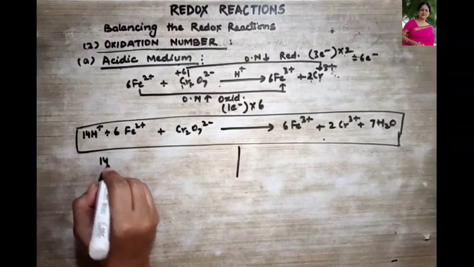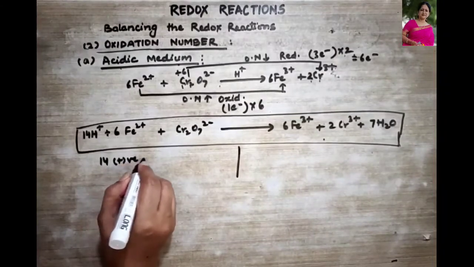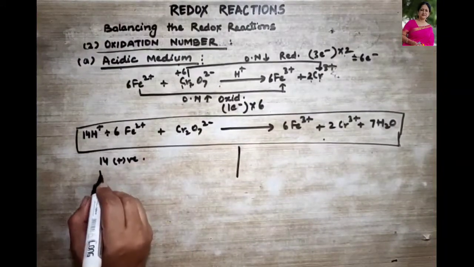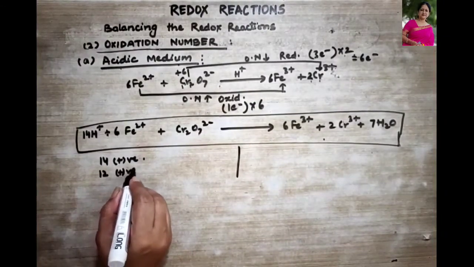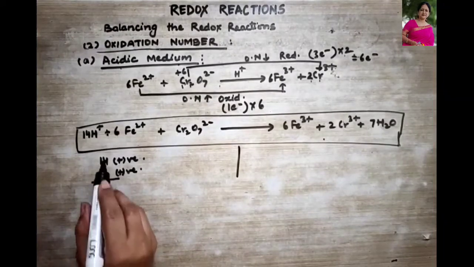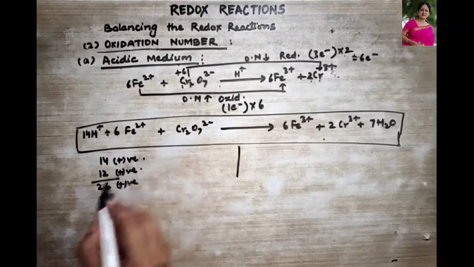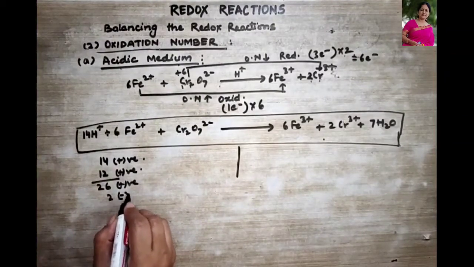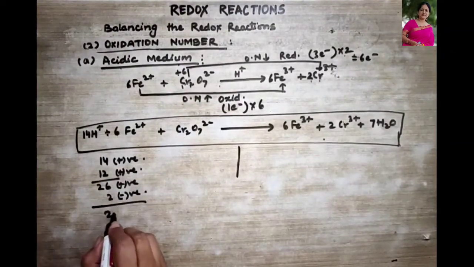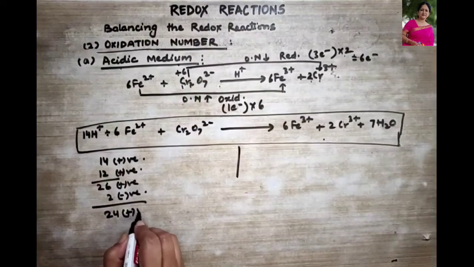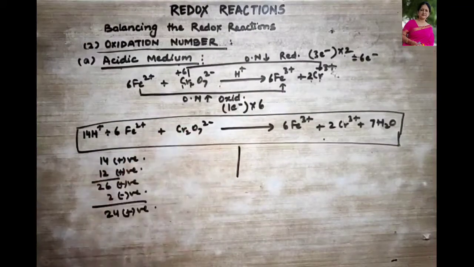Over here we have 14 positive charge, 6 2s are 12 positive charge. So how much does this make? This makes 26 positive charges and 2 negative charge. That makes it how much? 24 positive charges we find at the reactant side.